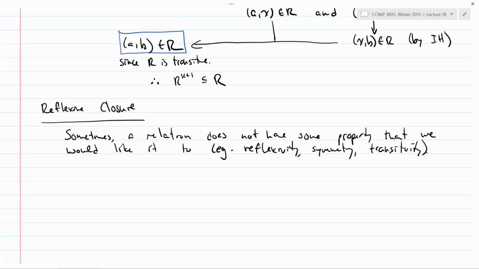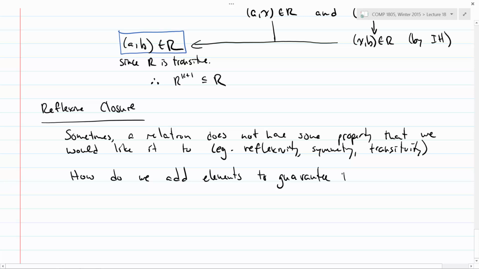So the question is, how do we add elements to guarantee these properties? And you might say, oh, that's really easy. My relation is a subset of A cross B. So if I just take the union of my relation with A cross B, then I'll certainly be reflexive, symmetric, and transitive. And yes, that's true, but you also lose all of your data, right? It sort of gets lost. So that's maybe not so nice.